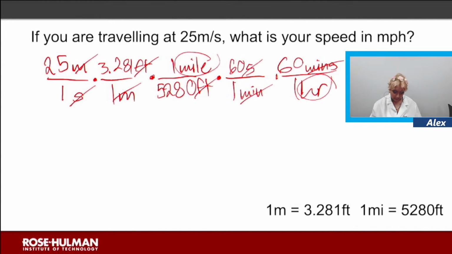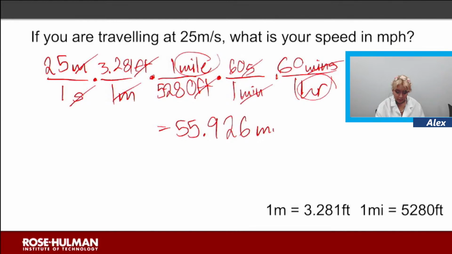We do 25 times 3.281 divided by 5,280 times 60 times 60. This gives us an answer of 55.926 miles per hour.